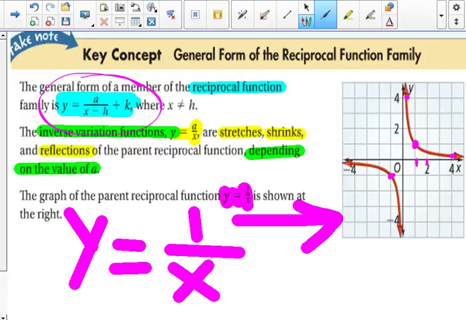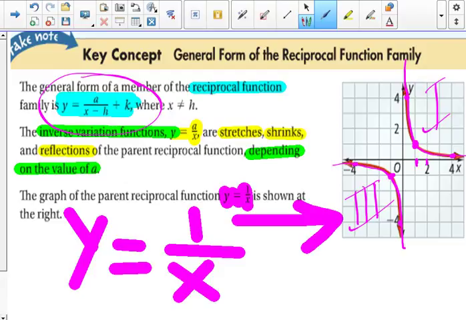And that's what I always use to graph quickly the parent function of y equals 1 over x. And then the negative 4 and the negative 4. Okay, these are in the first and third quadrants for the parent function. Okay, then you would just connect it with a smooth line. And that's how you quickly graph the parent function.